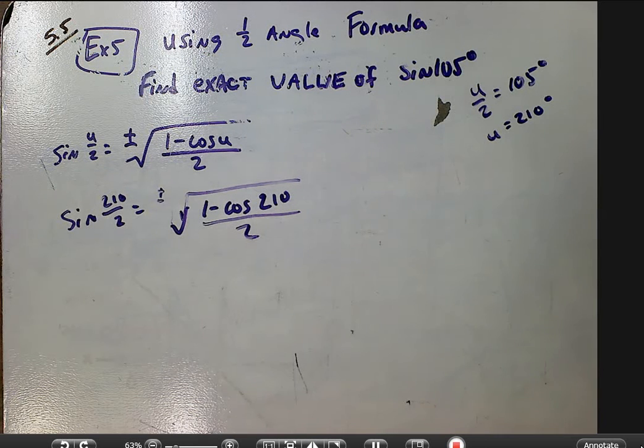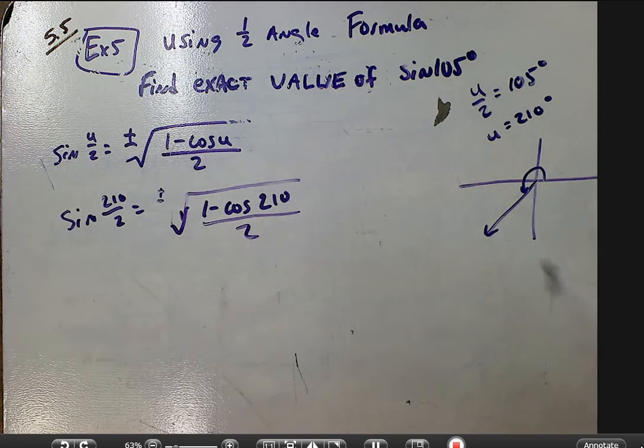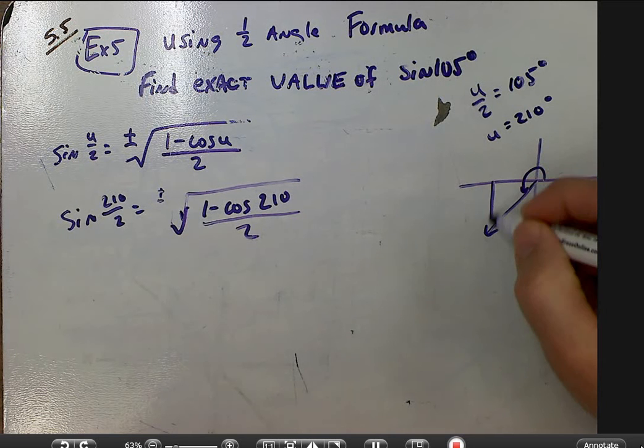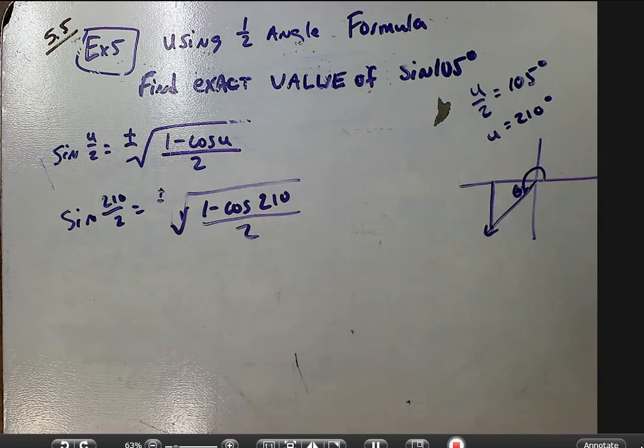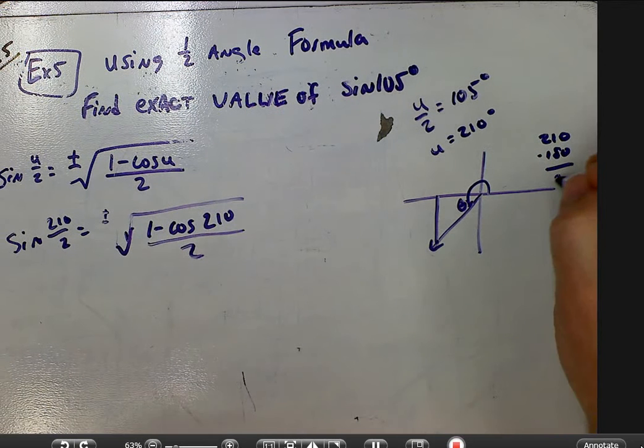Well, to find the cosine of 210, I draw my diagram. 210 degrees is in this quadrant. The reference angle is this little one here, so I take 210 minus 180, and the reference angle is 30 degrees.